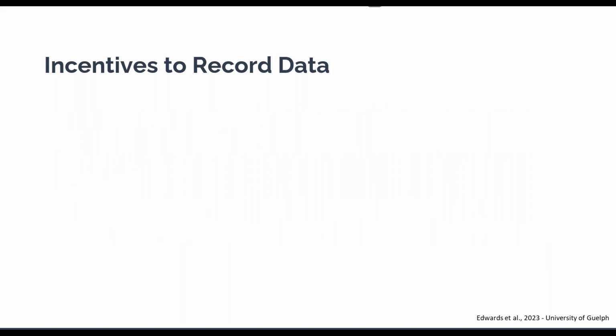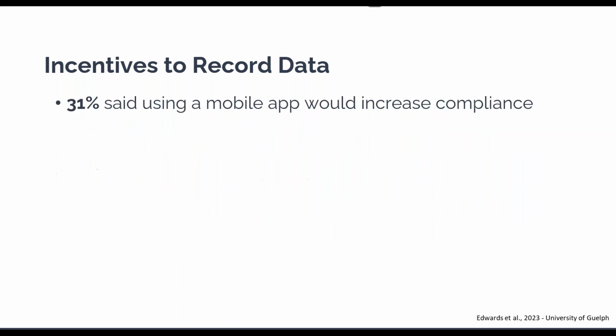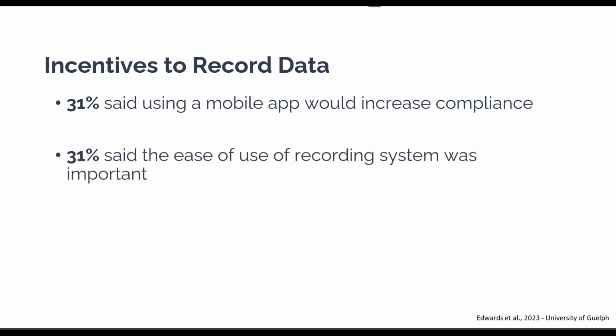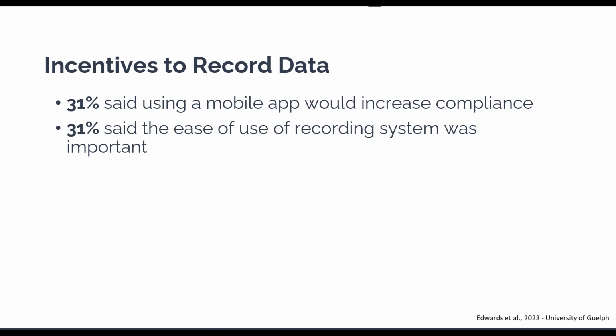They also looked at incentives to recording information, and 31% said yeah, a mobile app would help. So you've got that tool in your bucket with UNIFORM. Hopefully we're helping you there. And 31% said recording ease was interesting to look at to increase compliance.